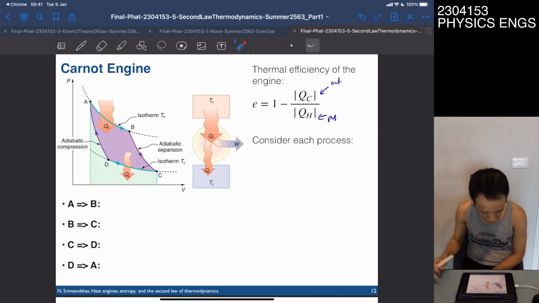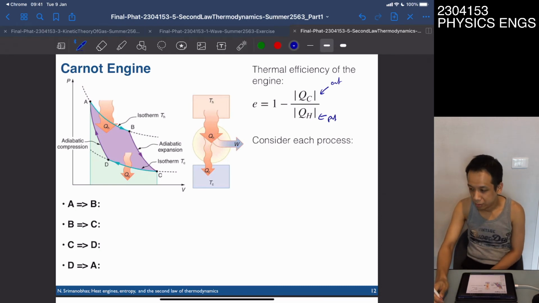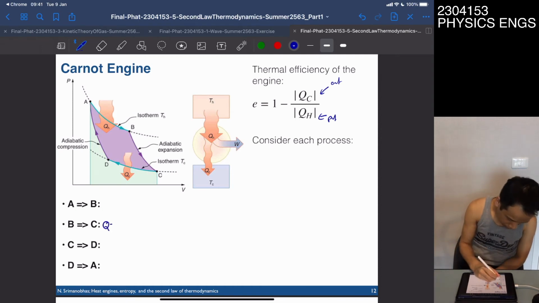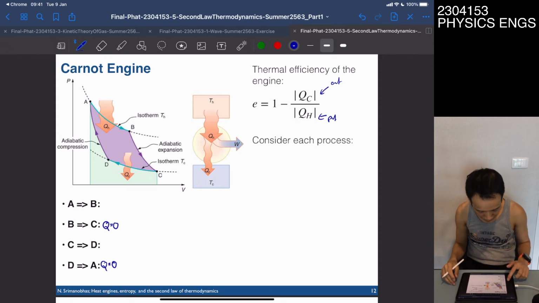What is the easiest thing you can do? If it's this exam, for example, you can first put some numbers to these four states. What you can skip is the adiabatics, because you already know that Q is 0, so we will not focus on this for now.